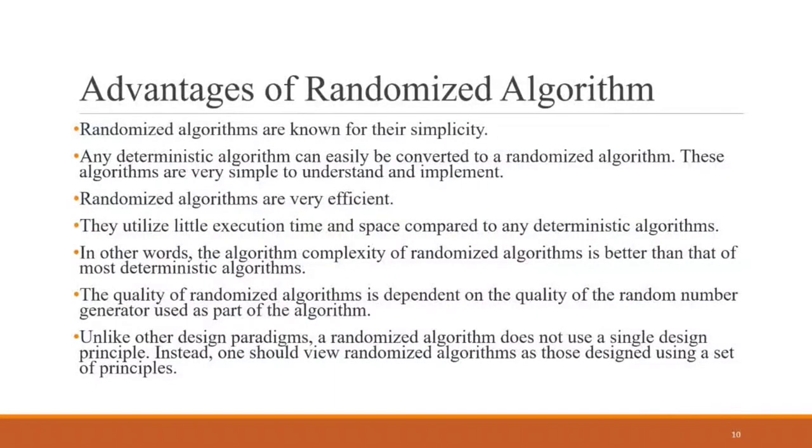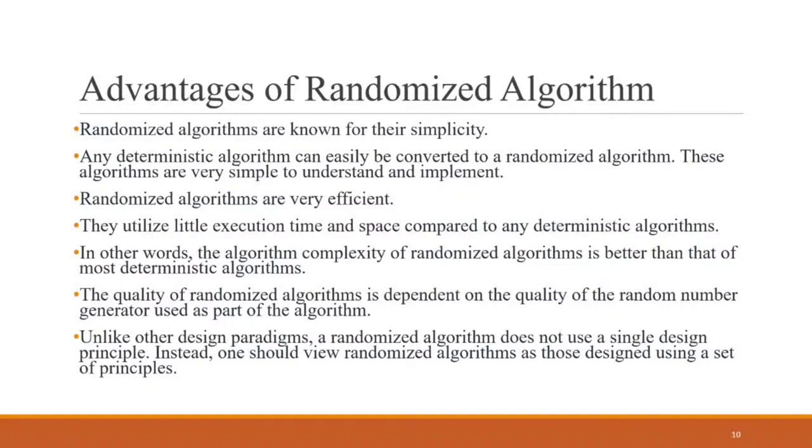Advantages of randomized algorithm. Randomized algorithms are known for their simplicity. That is, randomized algorithms are really simple, and any deterministic algorithm can be converted into a randomized algorithm. They are really simple to understand and implement. It is very efficient. They utilize little time and space compared to deterministic algorithms.